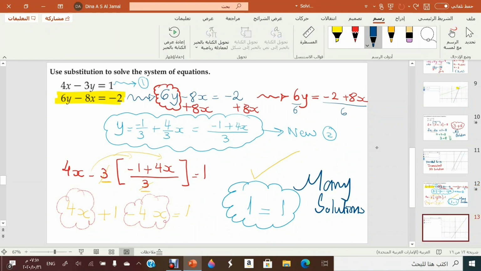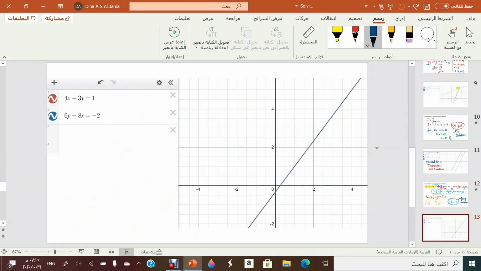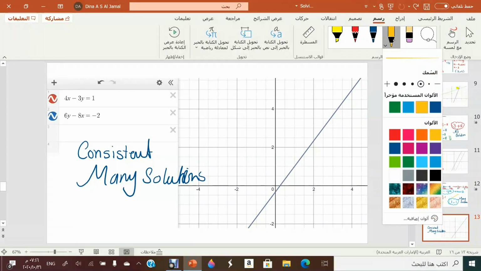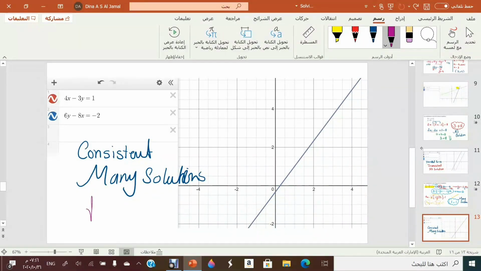Let's graph it and make a check. So a quick check for this. The lines will be over each other. That means they are consistent. And we are having many solutions. What else can be noticed? That it is dependent.